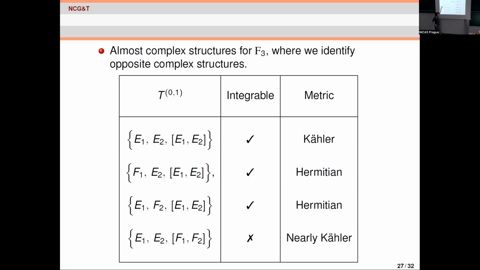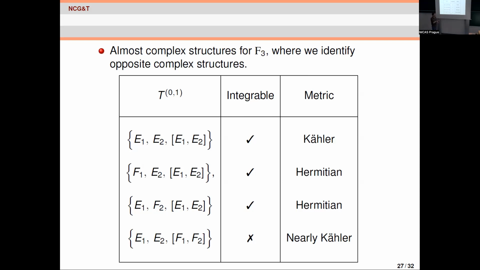So it's a question of basically assigning each of your basis elements, put it into the camp of (1,0), or put it into the camp of (0,1). Then that's going to give you a choice. You're basically going to get 8 almost complex structures. But as I said, whether you call something (0,1) and the other (1,0), or you call them (1,0) and (0,1), it's basically two labels for the same thing.